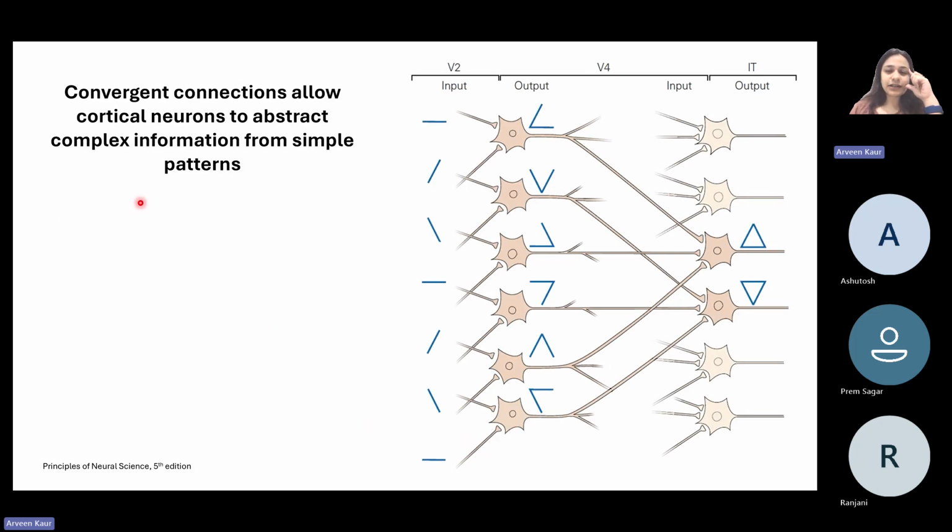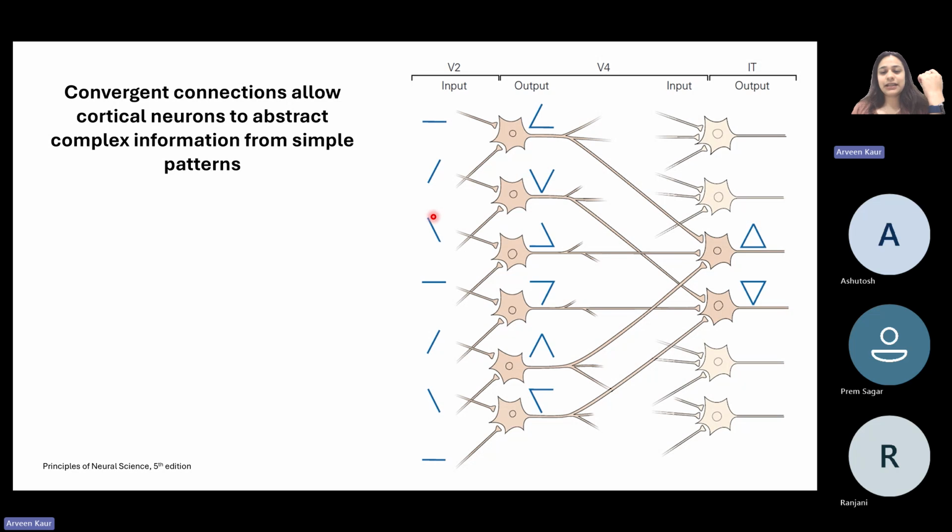Then if you see this pathway, you can see convergent connections allow the cortical neurons to abstract complex information from simple patterns, right? So this, for instance, is the input, right? And the output is... so this particular cell in V4 is getting input from this neuron and this neuron, right? This is giving it an input of a horizontal line and this is giving it an input of a slanting line, right? This one is getting input from this and this, which is giving it an input of a V-like structure, right?